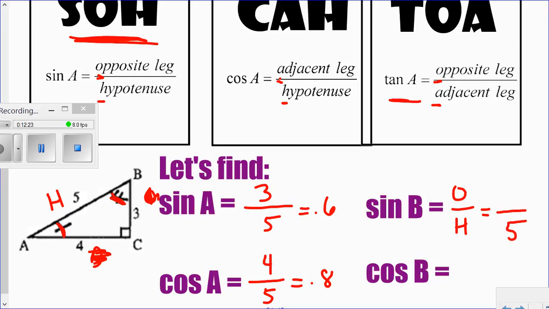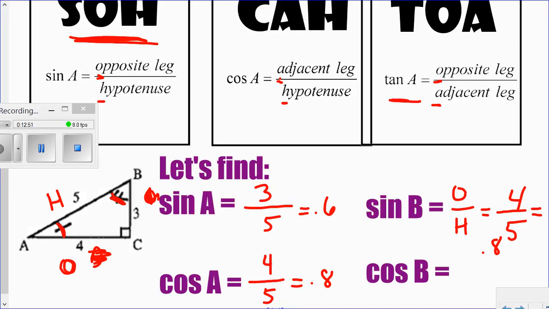But when I'm looking for the opposite, remember now I'm looking at angle B, that's my reference angle, so I'm going opposite from angle B, or across from, which is 4. So the sine of B is equal to 4/5, which coincidentally, well, it's not actually a coincidence, but notice the sine of B is the same as the cosine of A.